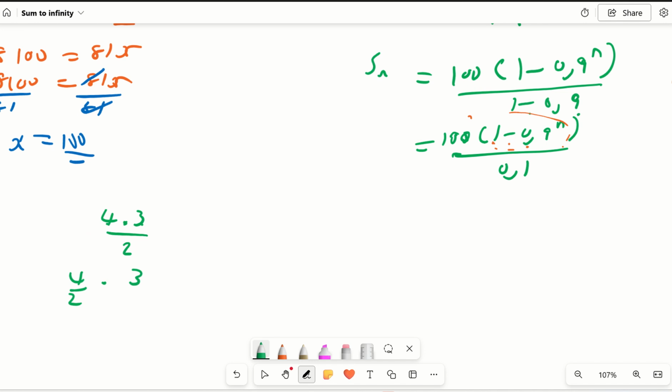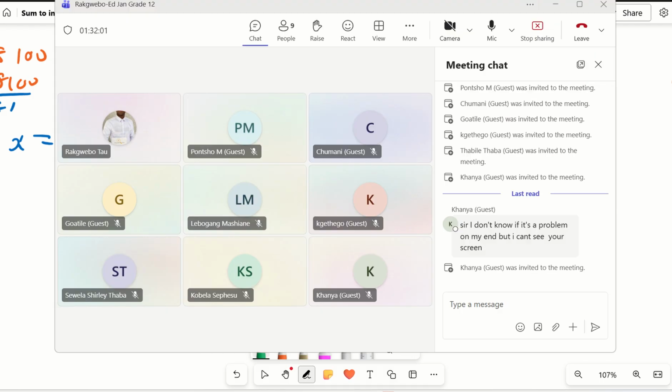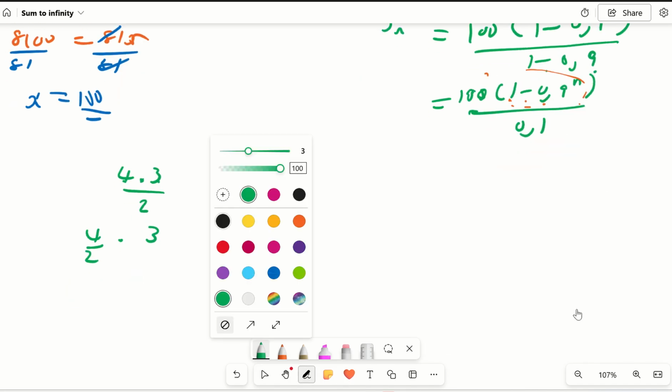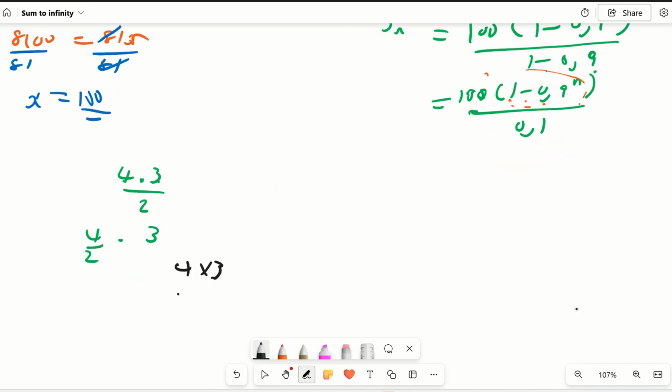Are you guys happy with that? All of you, thumbs up if you're happy. All right. Okay. 4 times 3 over 2: you're allowed to put this 2 with the 3 or the 4. You could write it like this, or like this.